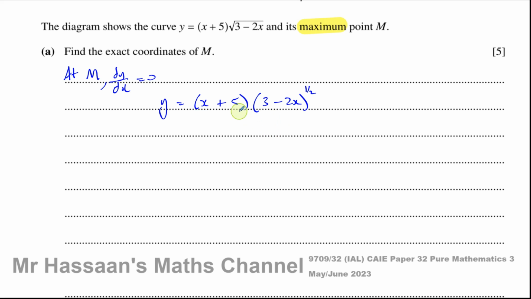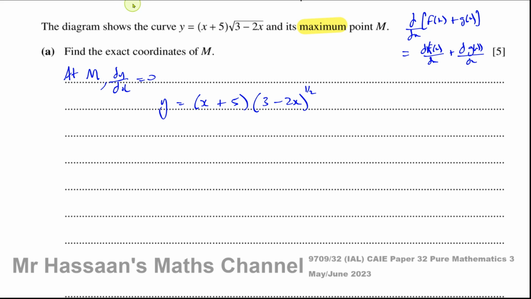Now, one of the things that we should be very clear on when we get to P3 differentiation is that you cannot differentiate a product of two factors. If I have one function plus another function, I can differentiate the first separately and the second separately and then add the two differentials together.